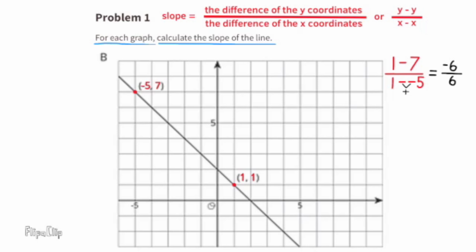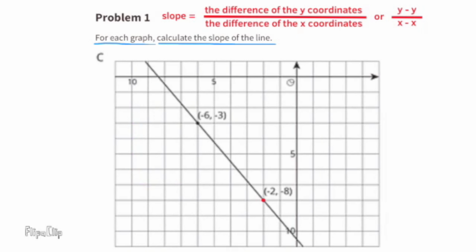So the slope of this line is -6 over 6, which is the same thing as -1. This means that the rise goes down 6 units, or -6 units, and the run moves to the right, or runs +6 units.